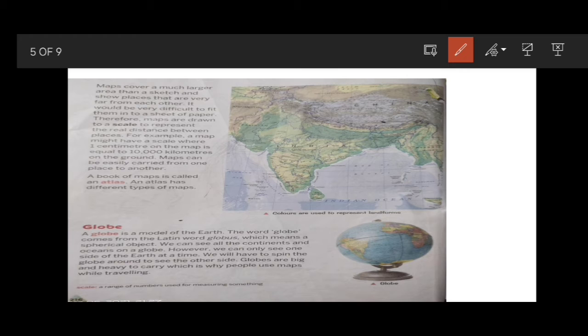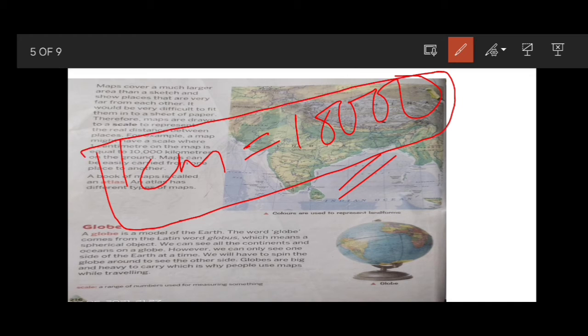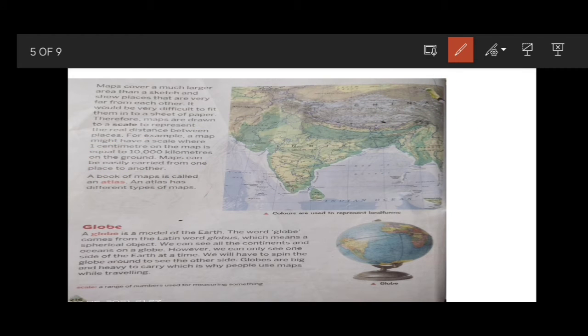Suppose this is a map which is drawn to a scale of 1 centimeter equal to 10,000 kilometers. If the scale is written in this way, how can we find out the distance?